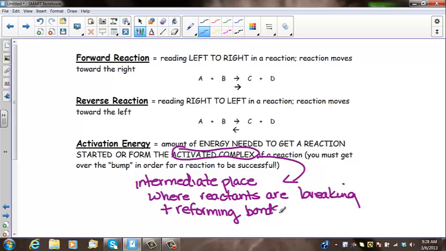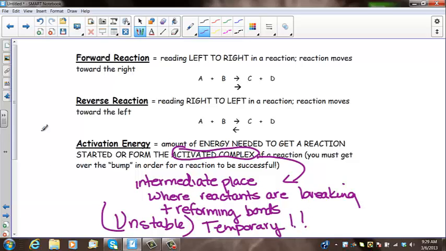This is a very unstable place, and it is temporary. Okay. So you must get over the bump, so to speak, in order for a reaction to be successful. So you have to get to the top of the hill before you can go down the other side.